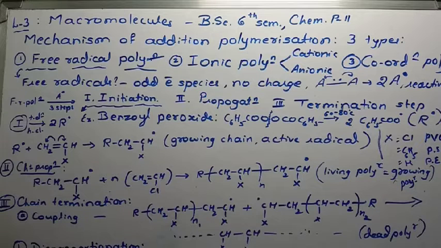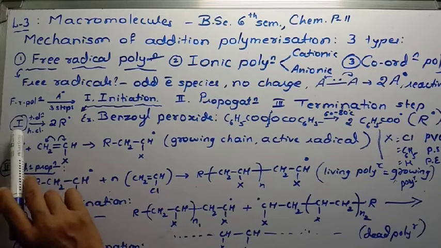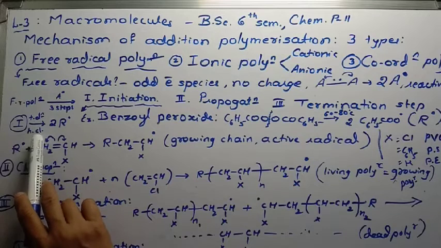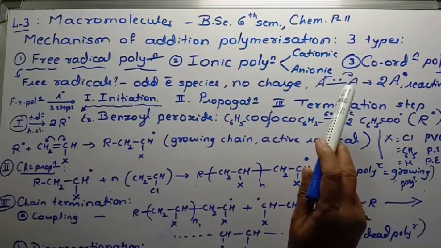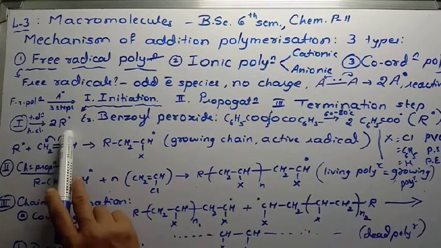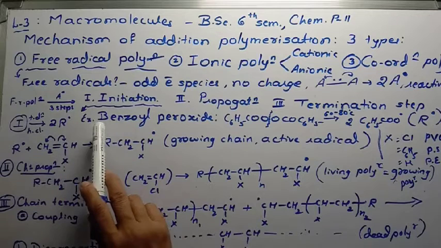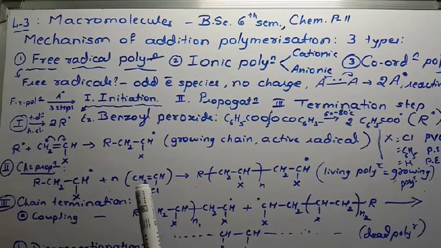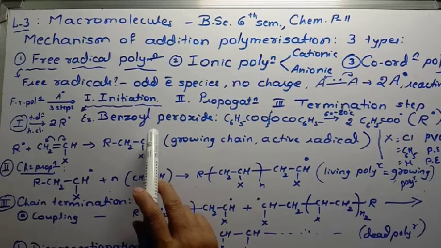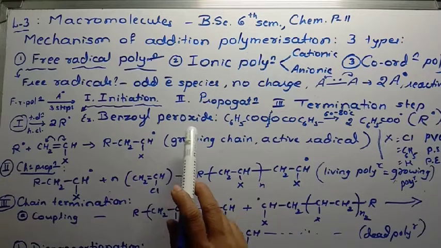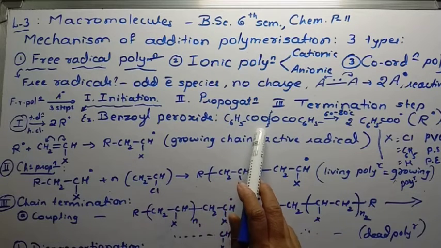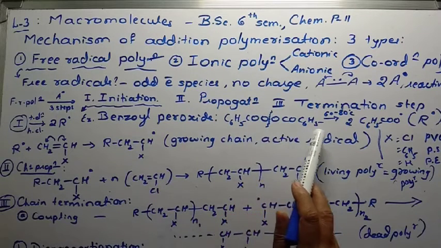In the initiation step, suppose the initiator is I. When it undergoes thermal decomposition or homolytic cleavage, it produces free radicals. For example, benzoyl peroxide is a very good initiator or free radical generator. The formula of benzoyl peroxide is C6H5COO-OCOC6H5.